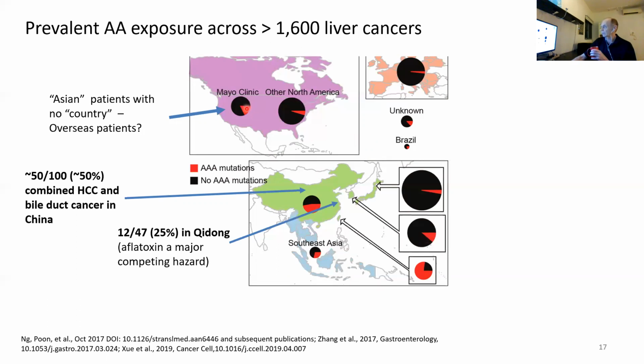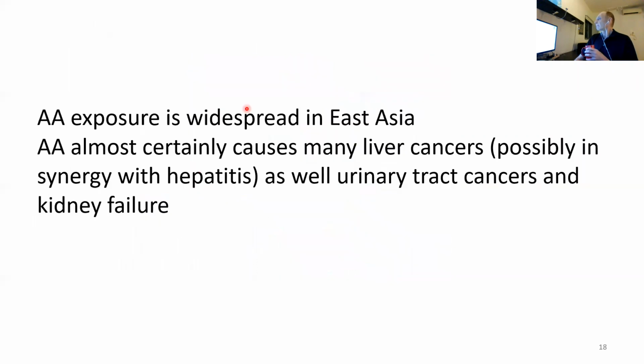I think these are probably Asian patients coming to the Mayo for treatment. Okay, so the point is that AA exposure is widespread in East Asia, and the AA almost certainly causes many liver cancers in the world, and possibly in synergy with hepatitis, as well as urinary tract cancers and kidney failure.